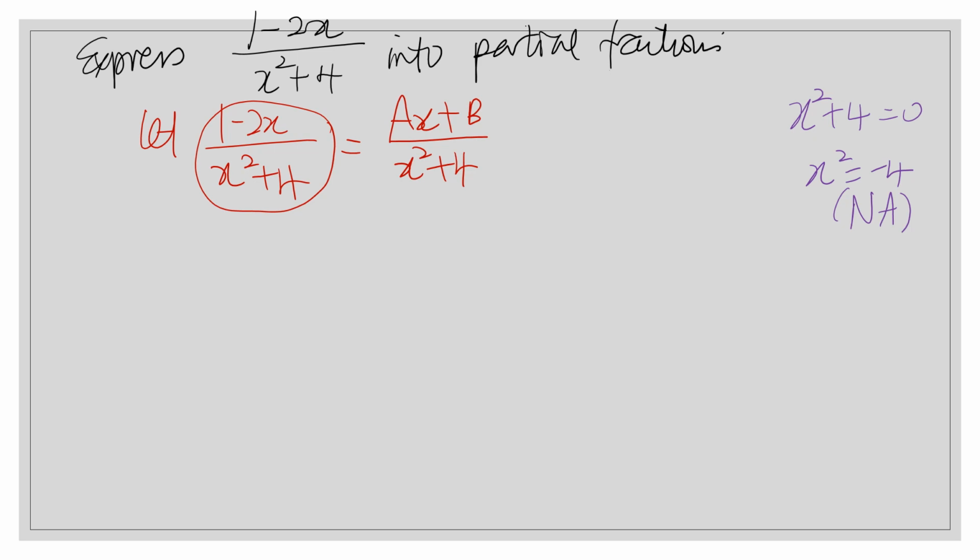So for this kind of question, how would it be like? Usually it will be something like this, where you are asked to express with another term at the denominator. It could be a repeated one, or it could be a linear one.